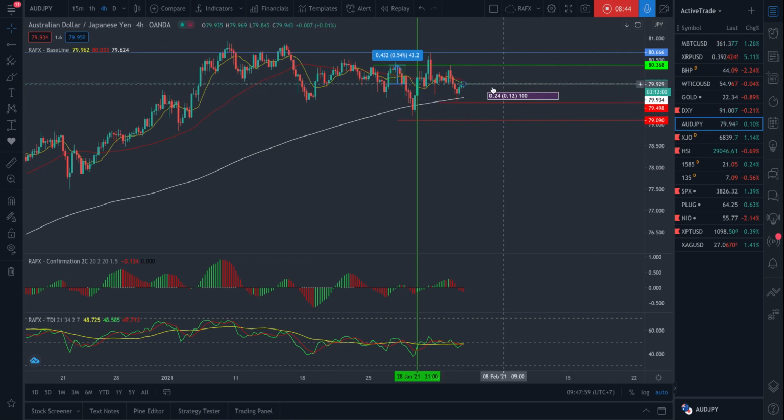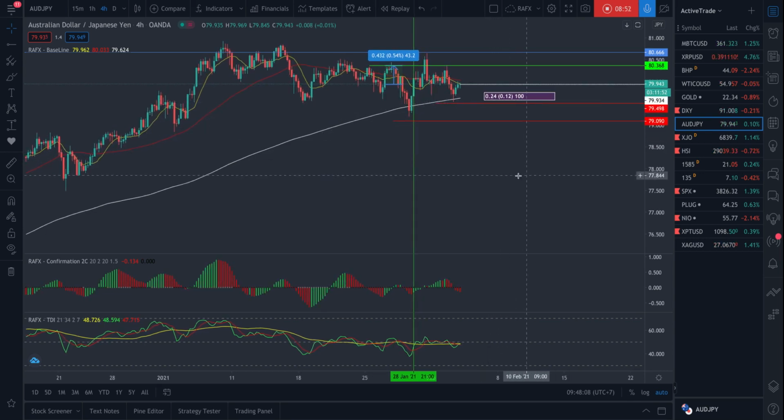If you notice here, that is my lot size. I usually enter in two tranches, so 24 and then 12, and the risk amount is $100. This is my trade on the account that I'm managing under 5%ers.